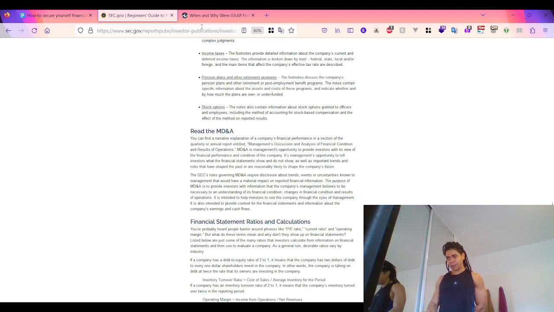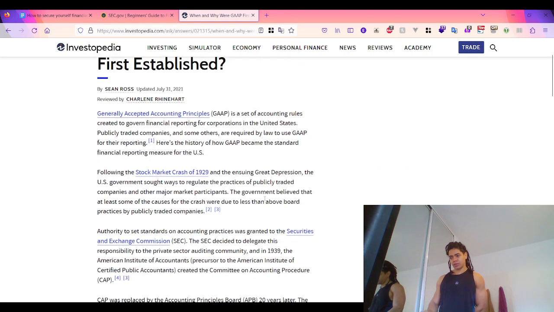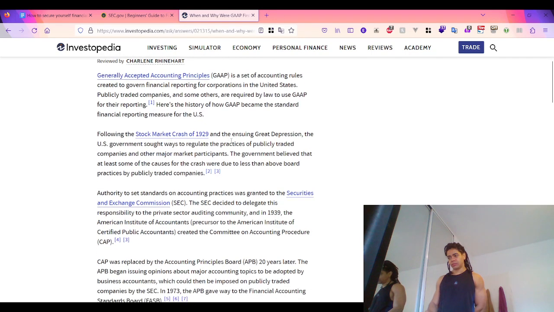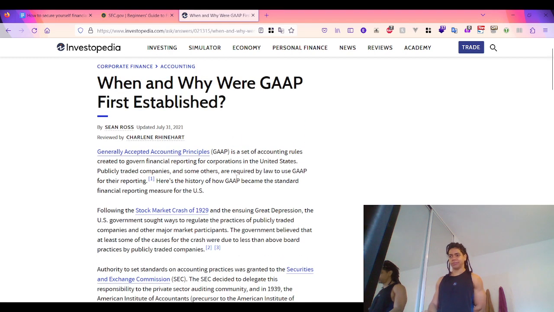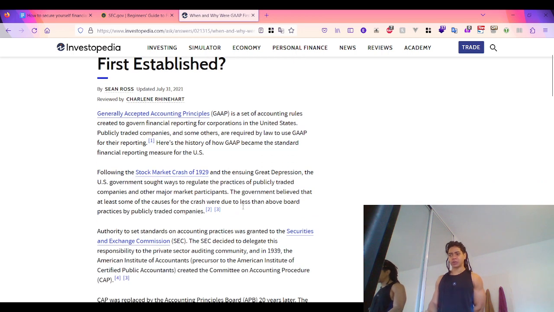So the SEC created that. The government delegated the regulation to the SEC, as well as the accounting practice.